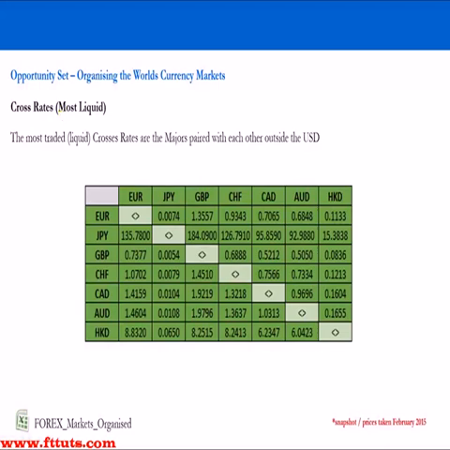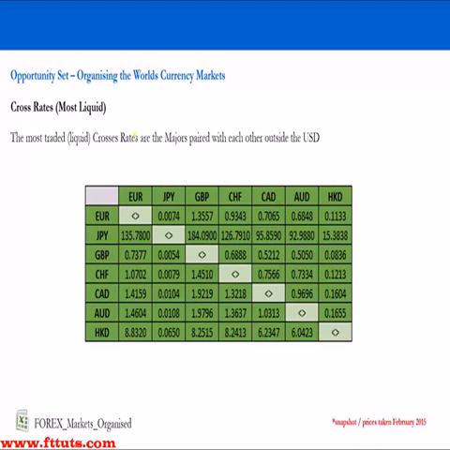Cross rates, specifically, are defined as the currencies that are not quoted against the US dollar. Cross rates are quoted as the majors against each other.